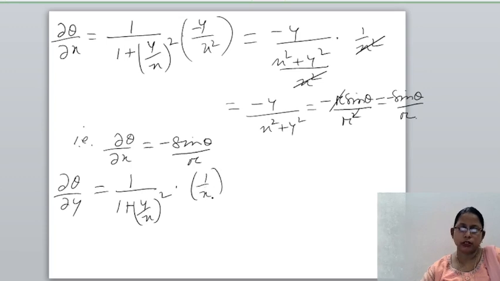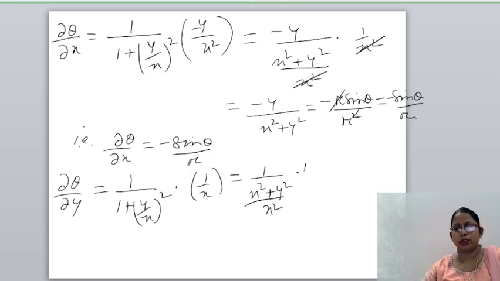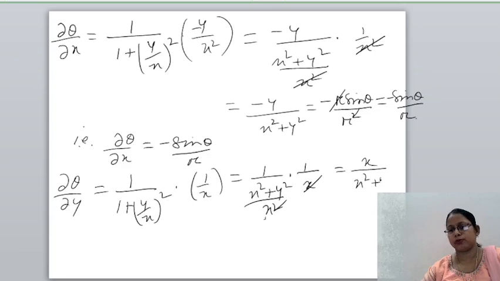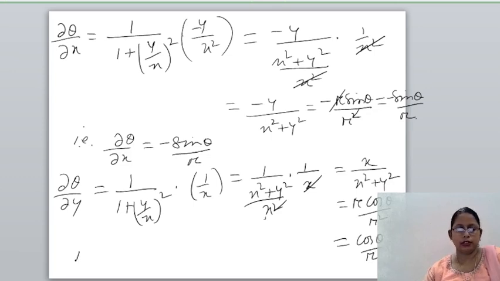The differentiation of y is 1. So this is x square plus y square by x square, times 1 by x. This x will come to the numerator, and this is x square plus y square. This is r cos theta divided by r square, and this is cos theta by r. That is, del theta by del y is equal to cos theta by r.